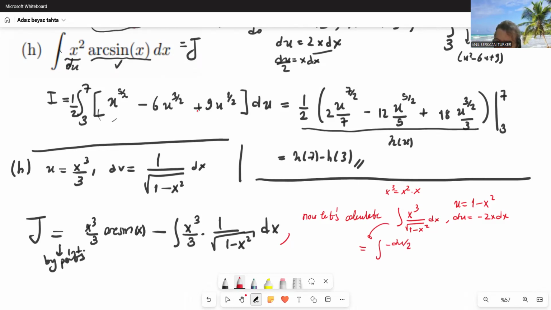And we have another x squared. x squared becomes 1 minus u, and in the denominator, we have square root of u. So let me simplify it. So it is just the integral minus 1 over 2 at the beginning, 1 minus u du over square root of u, which is again very easy to calculate, because this is equal to minus 1 over 2.